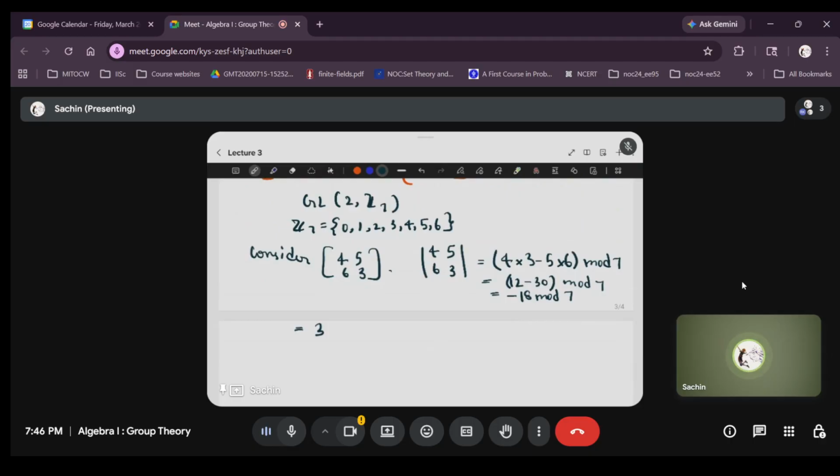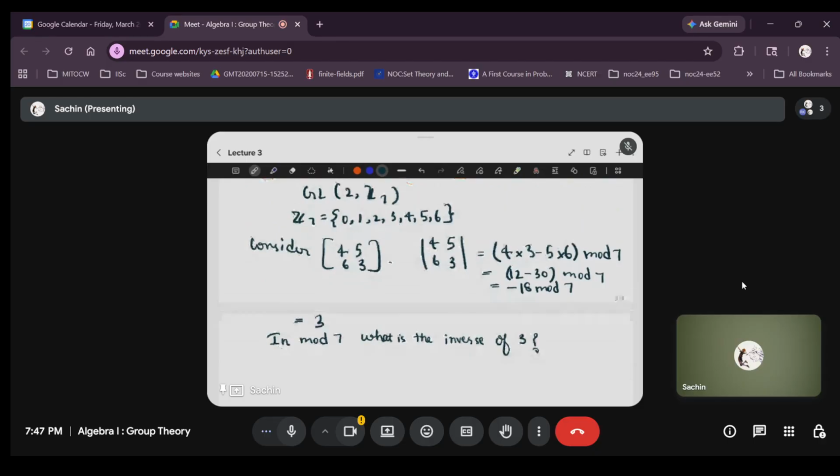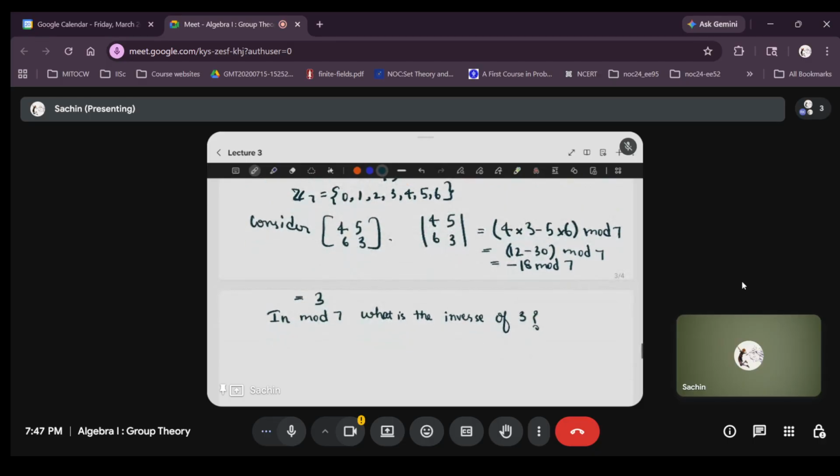So that's the determinant. And in mod 7, what is the inverse of 3? It is 5.